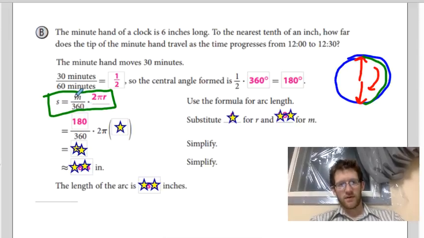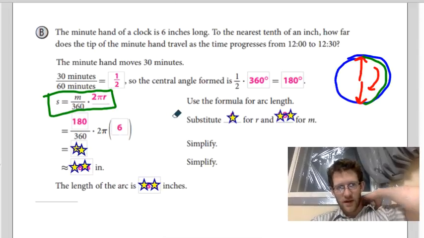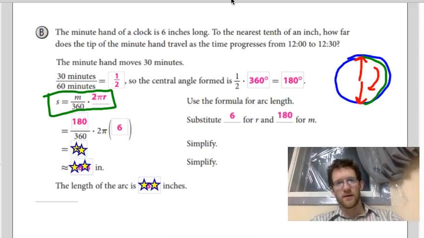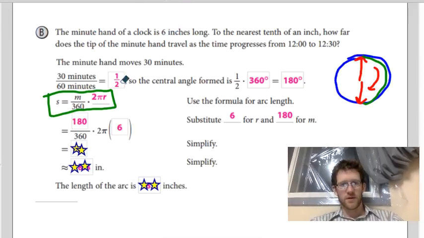So we have 180 over 360, 1/2 times 2 pi r. Oh, I forgot to ask you what r is, but r is 6. And we know r is 6 because that's the length of the minute hand of this clock, right? So we have 1/2 times 2 pi times 6.